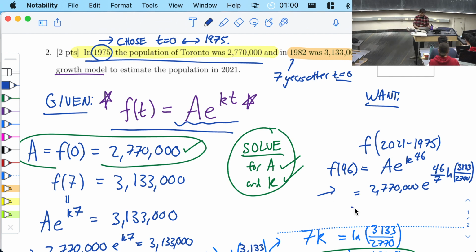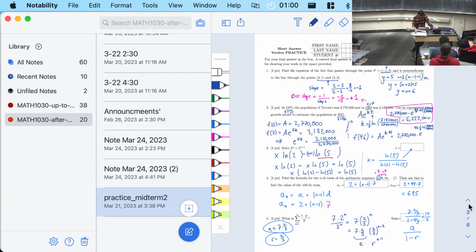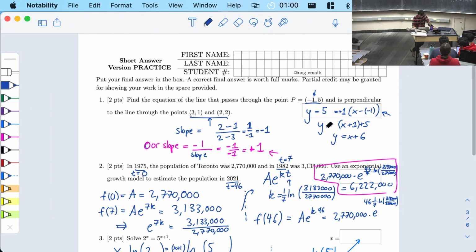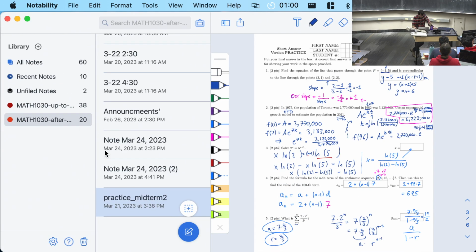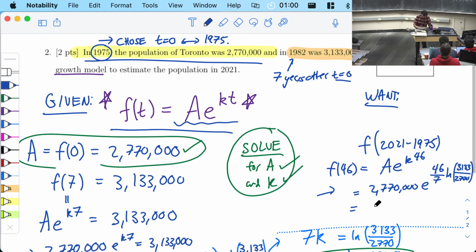Maybe I can write it out, and then people can compare. So what did I get when I did it? Practice midterm 2. I got 6.222 million. So 6, 2, 2, 2, something like that.